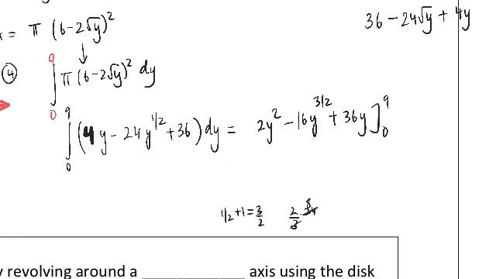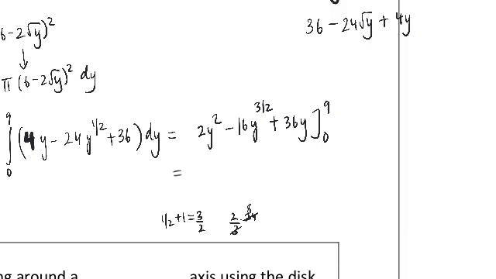to 9. And this is going to be 2 times 81 minus 16 times, remember 9 to the 3/2 is 9 to the 1/2 cubed, so that is 27. So I've got here, wow, 16 times 27 plus 36 times 9.